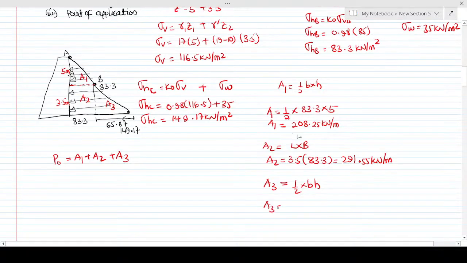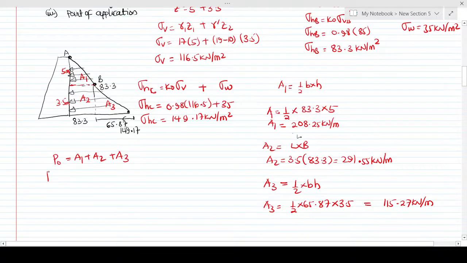Then my A3, which is also a triangle, is half base times height. So my A3 will be equal to 1 over 2 times 65.87 times 3.5, and that will give me my A3 to be 115.27 kilonewton per meter.